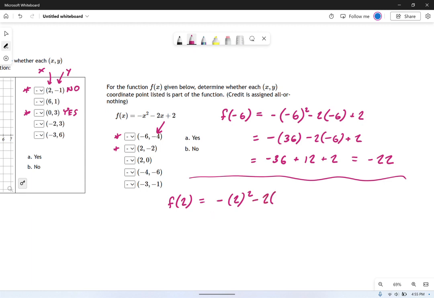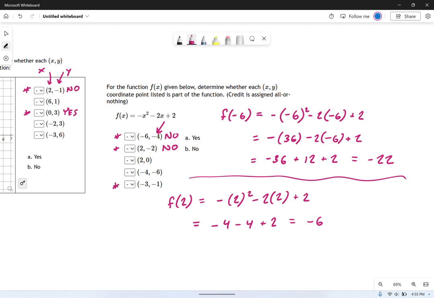Let's see, this is -2 squared minus 2 times 2 plus 2. A lot of 2's in this one. So I simplify this out and I get -4 minus 4 plus 2 equals -6. Well, again, that does not match the y coordinate on this one. So that's another no, 2 no's in a row.